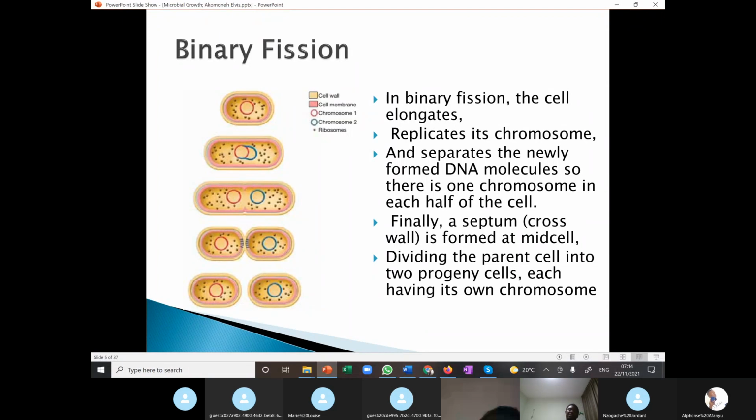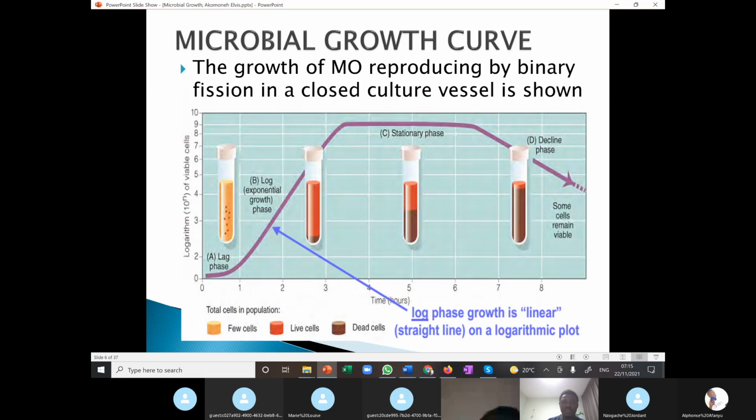This is a typical scenario we refer to as binary fission. And as I indicated, it is the most commonly employed technique in division by most bacteria. Let's look at the microbial growth curve now.